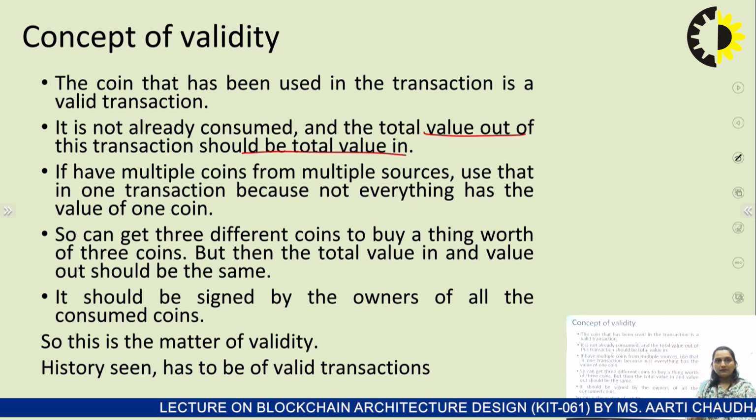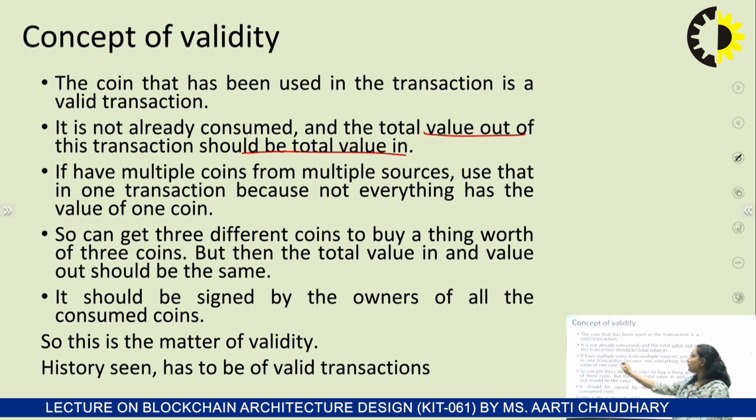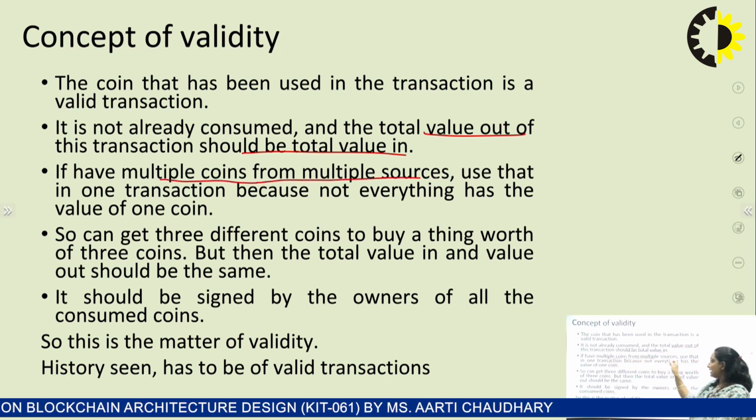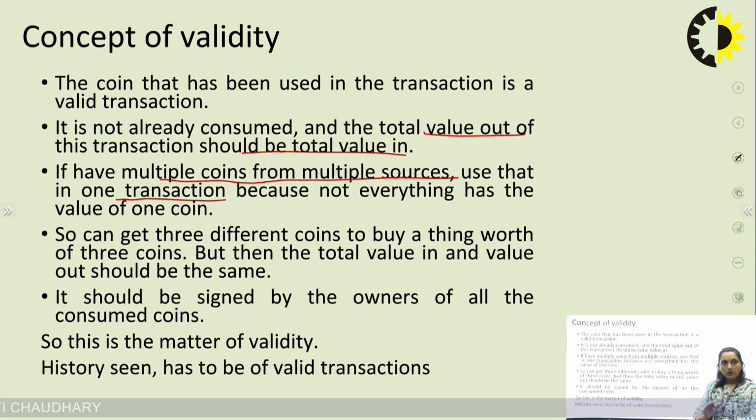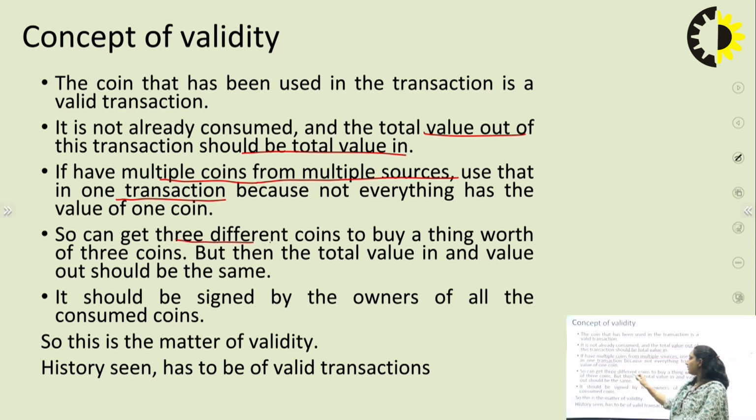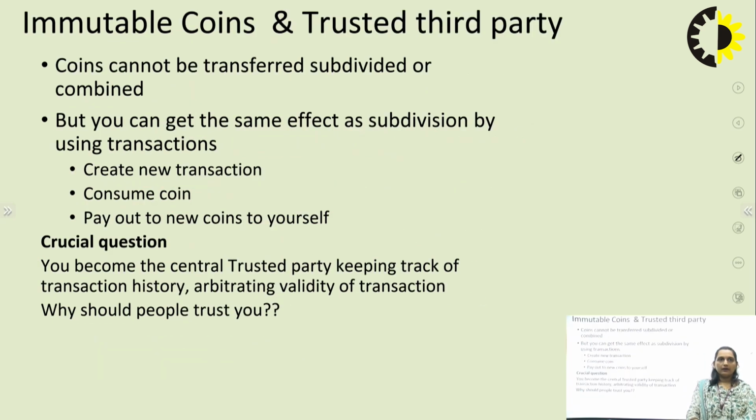If we have multiple coins from multiple sources, we create only one transaction. We buy things worth 3 coins, and all the owners who use those coins have to sign with their private key. This is the validity we have to maintain when using a digital coin.